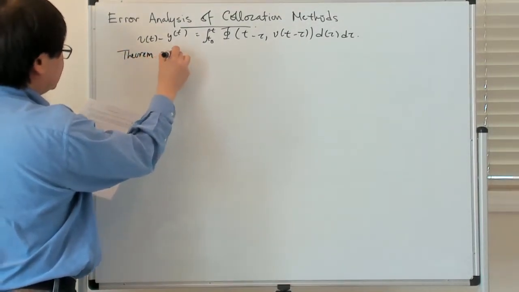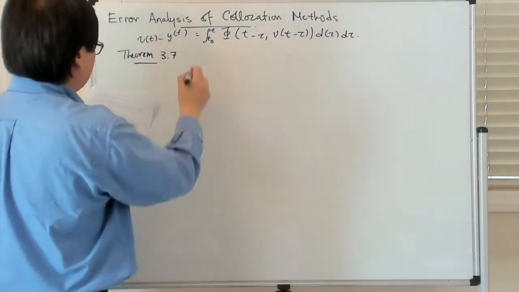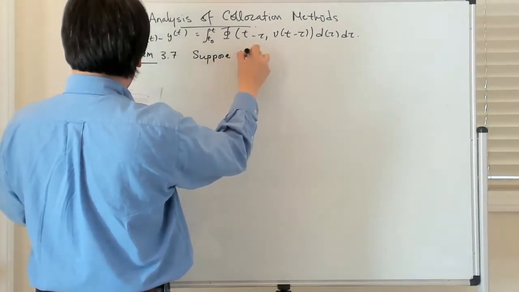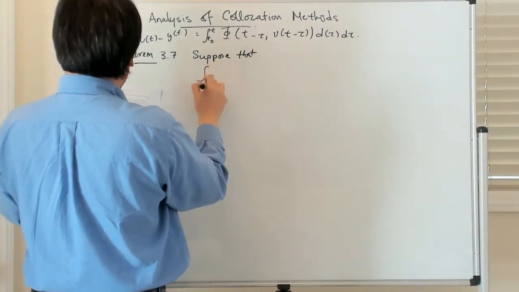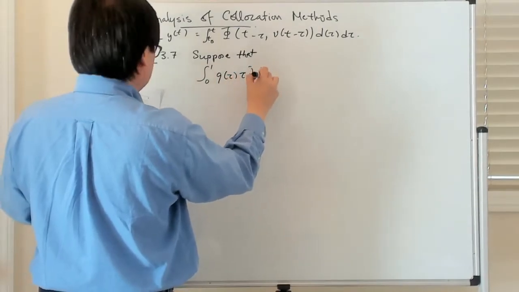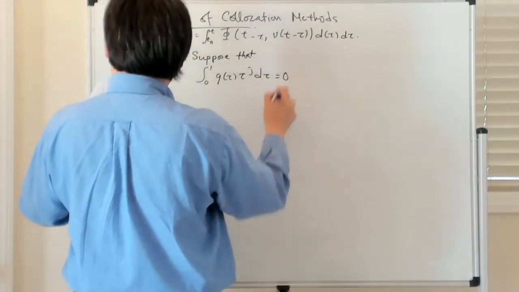So theorem 3.7 states the following: suppose that the integral from 0 to 1 of q of tau times tau to the j d tau equals 0.